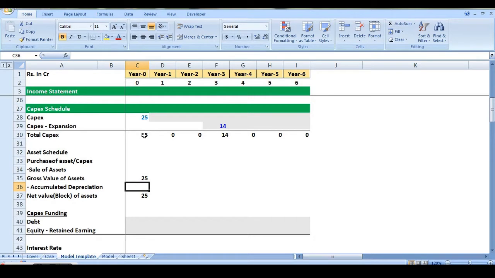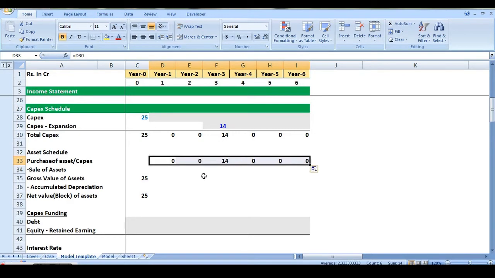Now my gross value of asset is calculated for year 0. Into that we will keep on adding the purchases or the capex if any, and that we can get from the total capex figure, as there are no purchases in the given case for the period of 6 years. By linking it with total capex, we very rightly get the capex value for year 3 added as 14.